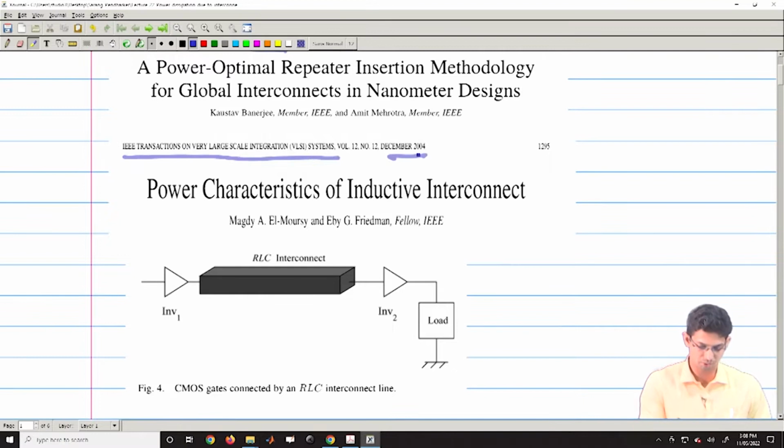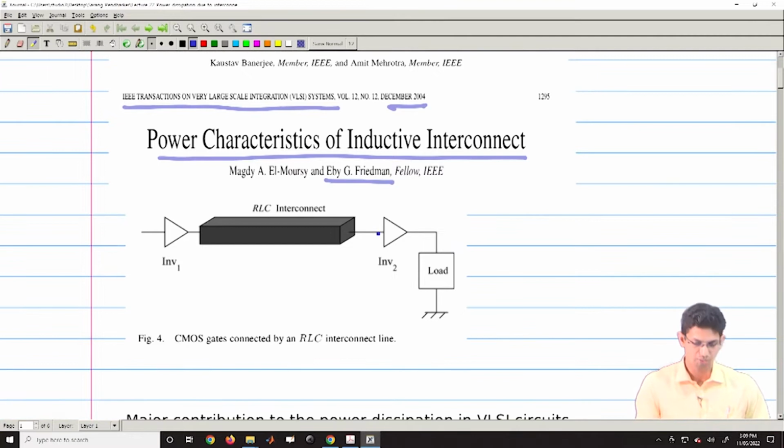The name of the paper is Power Characteristics of Inductive Interconnect. Later in this lecture and in the subsequent lecture, we will be referring to some of the final results of this paper as well. This paper is again by Professor A.B.G. Friedman.